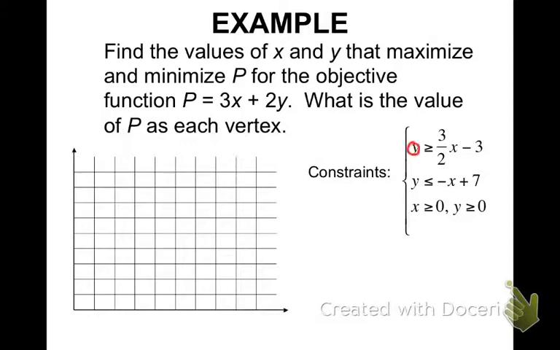So if I make my y 0 and I add that 3 over, I get 3 equals 3/2 x. I just want to get my x-intercept. Multiply by the reciprocal of 3/2, which is 2/3. So what's my x-intercept going to be? 2. Good. So that means I can put a dot at 2 on my x-axis.